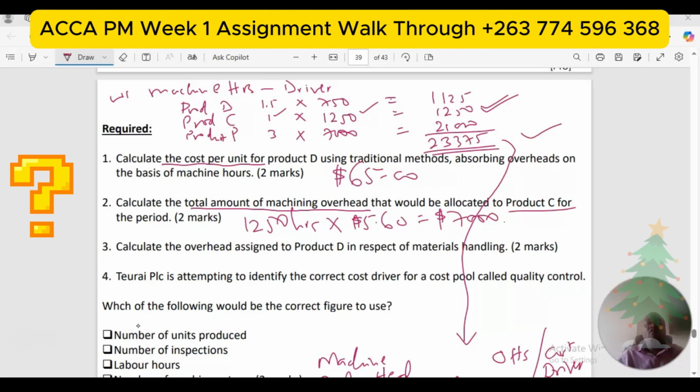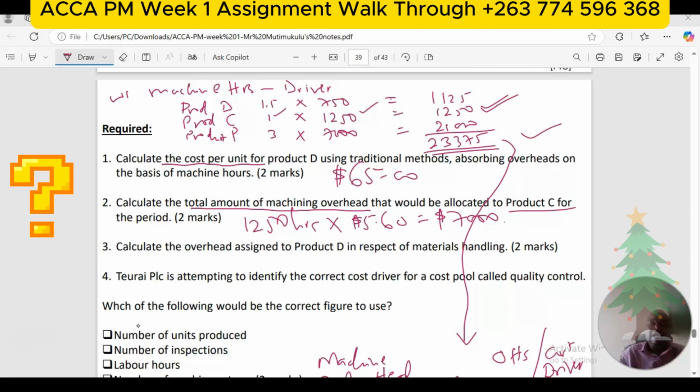Okay, so first things first, the question: calculate overhead assigned to product D in respect of material handling. So we can see that material handling is actually the cost pool, or the type of overhead we are talking about. But what is the driver of this overhead?